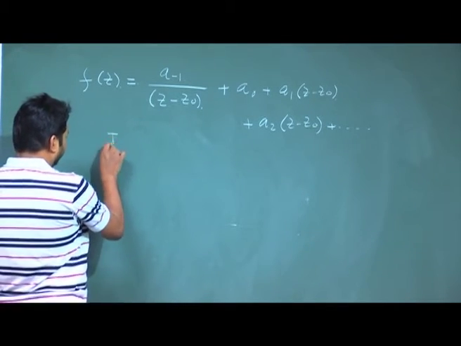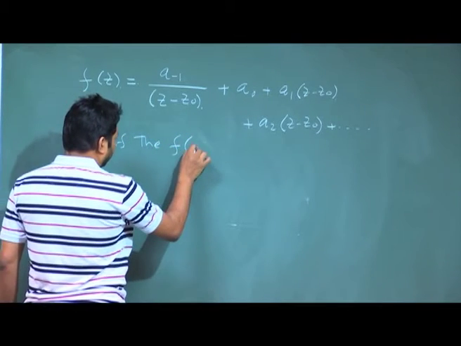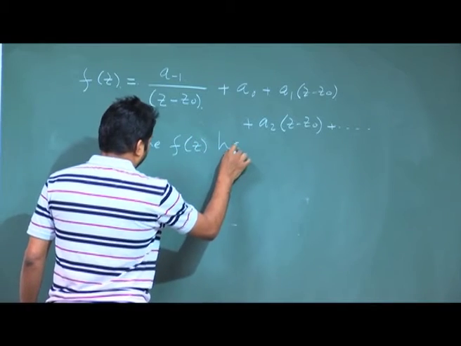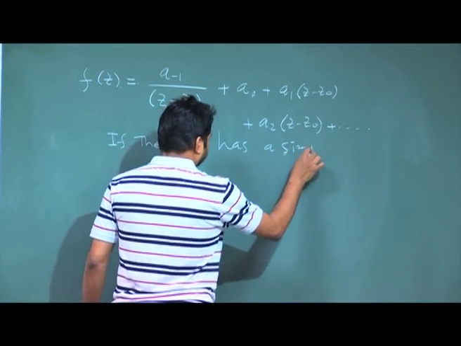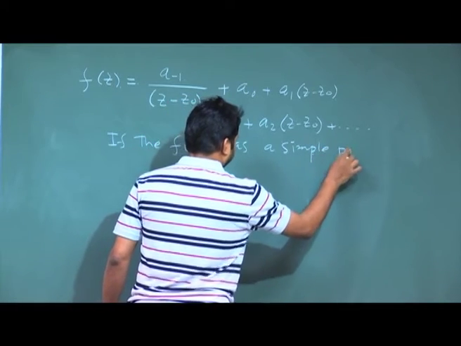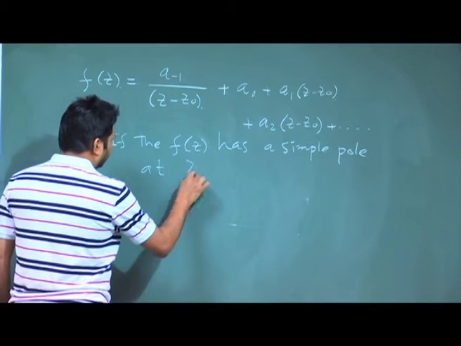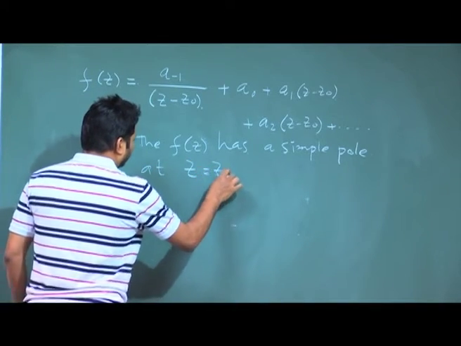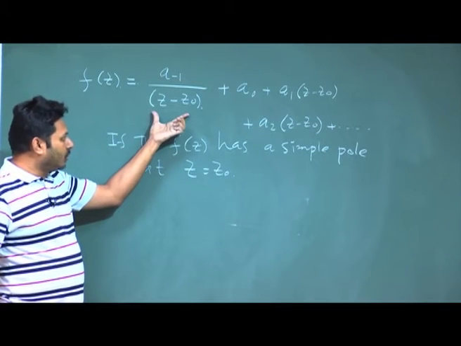So, if the function f(z) has a simple pole at z equal to z0, then I can expand this function in this form, because only one term should be there.